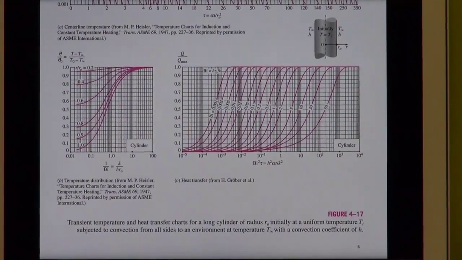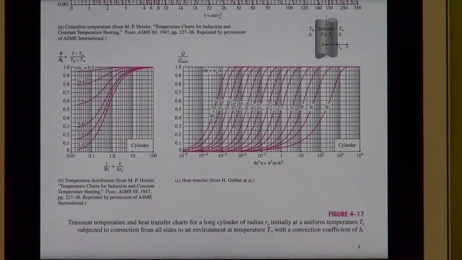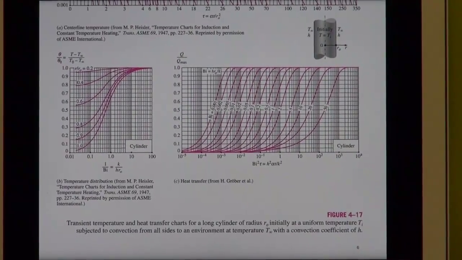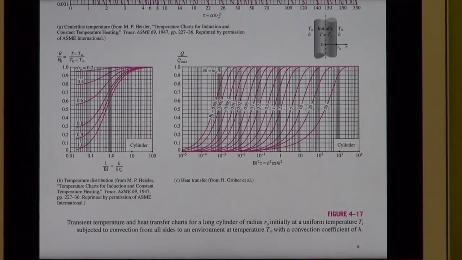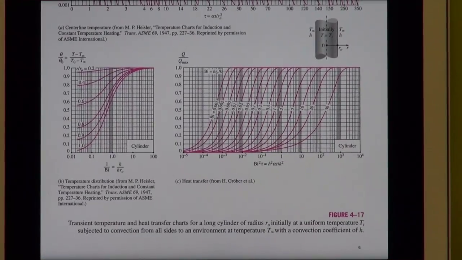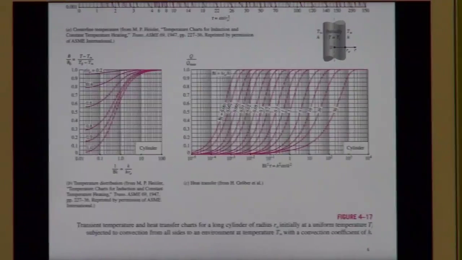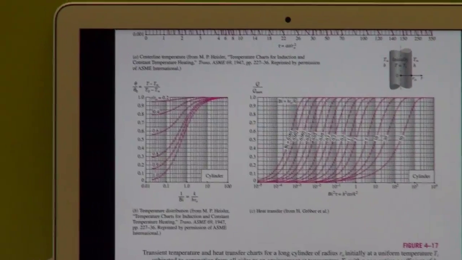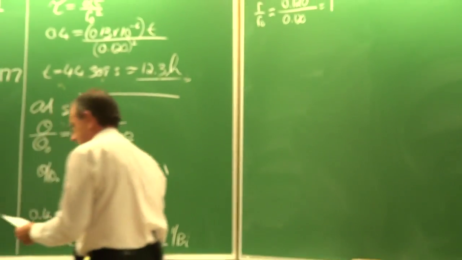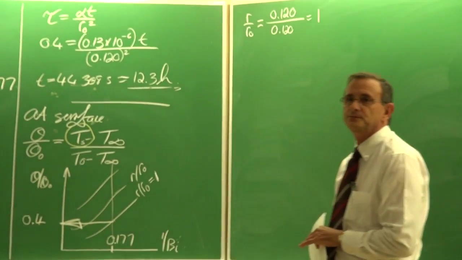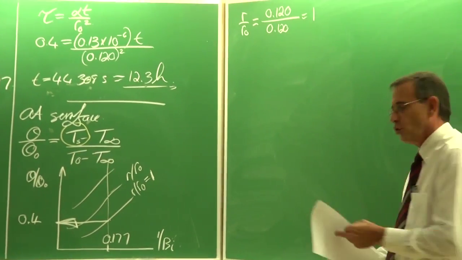You agree? You'll see it is not so easy to get a very accurate value from the graph. I've tried it and I have found it to be about 0.4. You agree? Approximately 0.4.